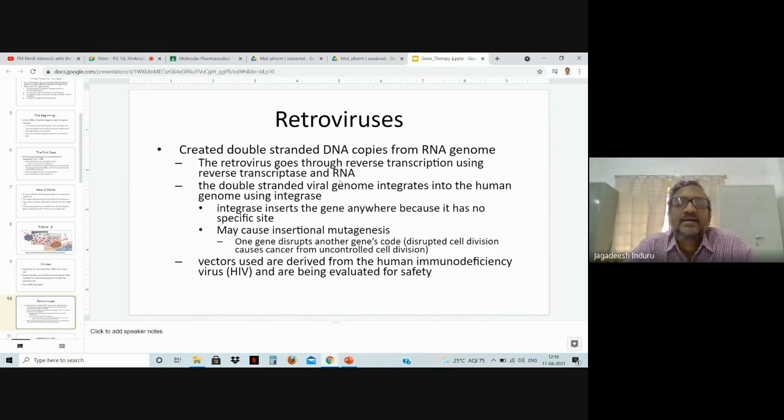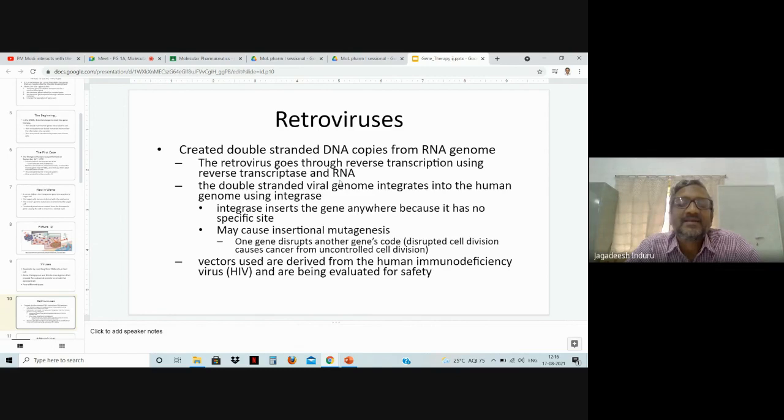So the retrovirus goes through reverse transcription using the reverse transcriptase and the RNA. The double-stranded viral genome integrates into the human genome via the integrase enzyme, and this inserts the gene anywhere because it has no specific site, which may cause insertional mutagenesis.